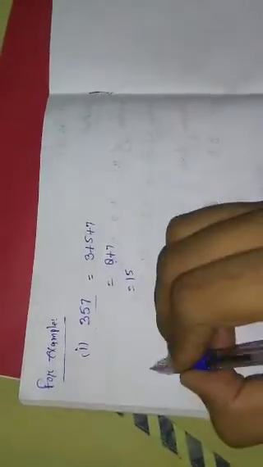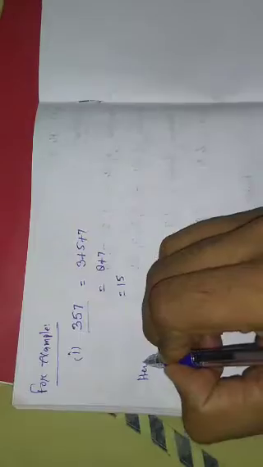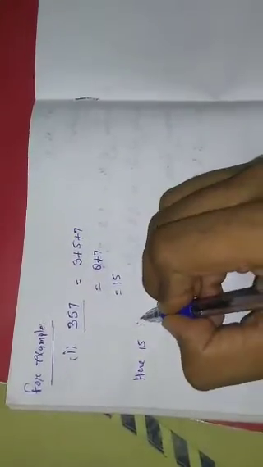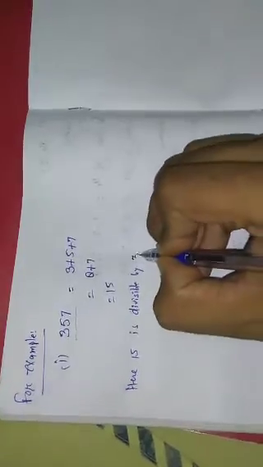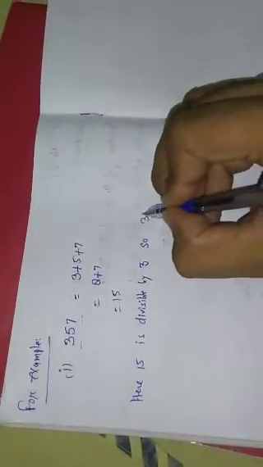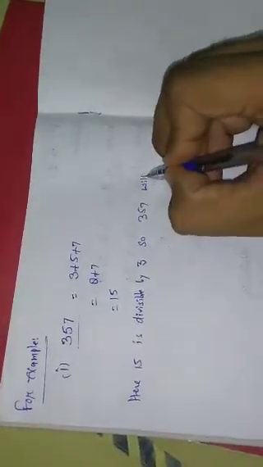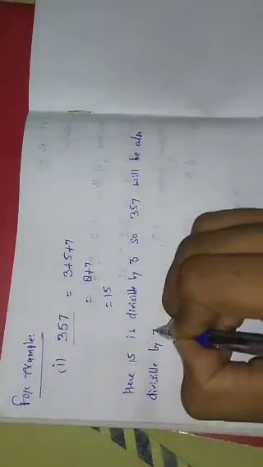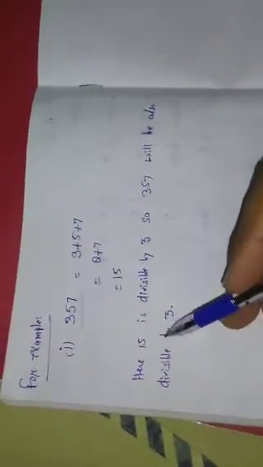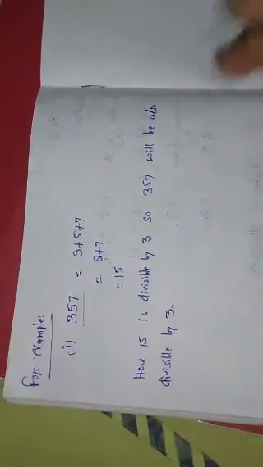So you can write here: 15 is divisible by 3, so 357 will also be divisible by 3, because the sum 15 is easily divisible by 3.